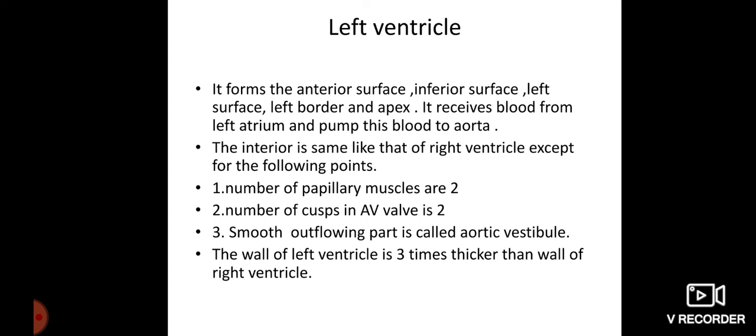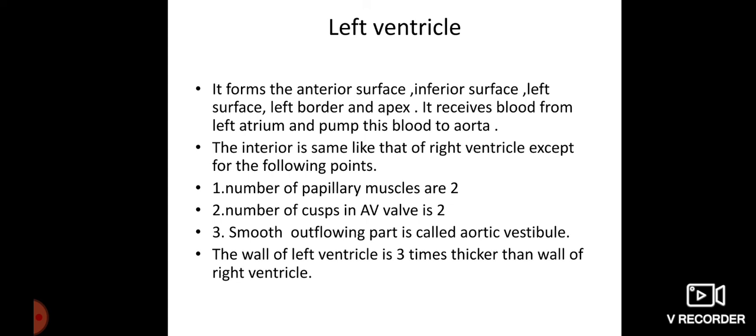The smooth outflowing part is the aortic vestibule. Then the wall of the left ventricle is 3 times thicker than the right ventricle, because the left ventricle is the pumping area of the heart that has to pump very strongly to push the blood from the left ventricle to the aorta to reach the different parts of the body.